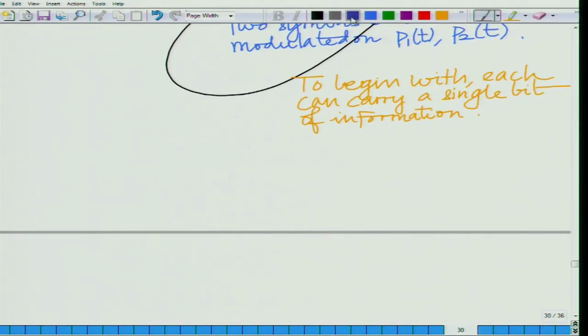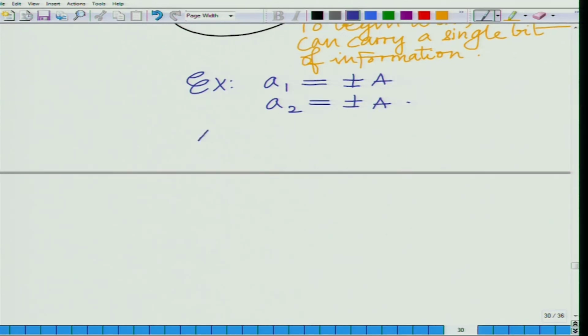For instance, as an example, a1 equals plus or minus A, a2 equals plus or minus A, and for average bit energy equal to E_b, we have seen already from BPSK.